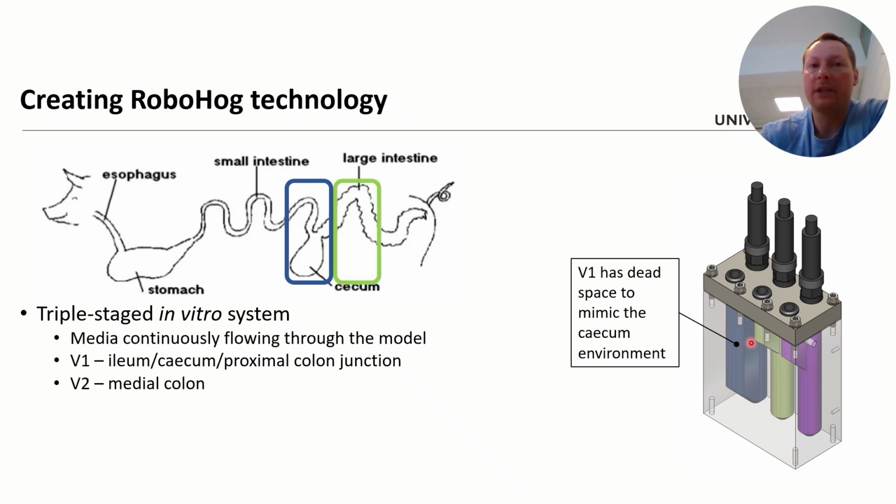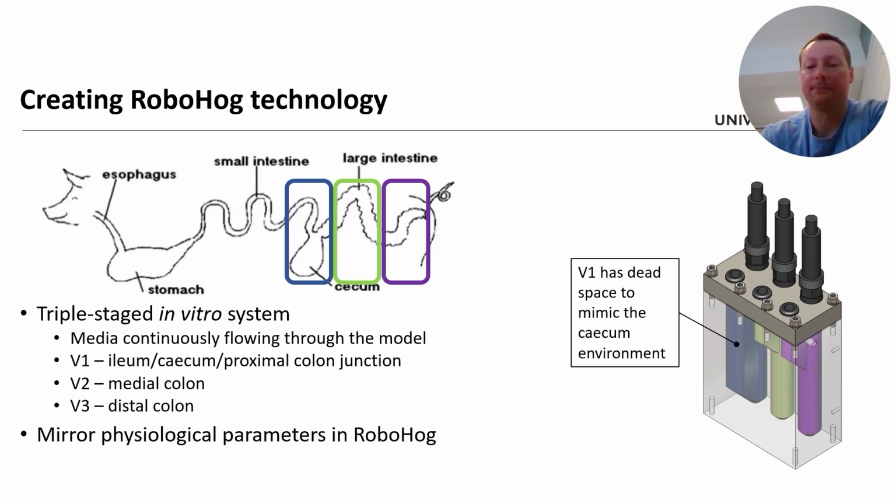And then we wanted to mimic the medial colon and also the distal colon in these subsequent vessels here. So what we've got is media that's flowing through into the first vessel. It has an extended retention time because of this dead space, but then gets expelled into the second vessel, and then into the third vessel, and then out into the waste.